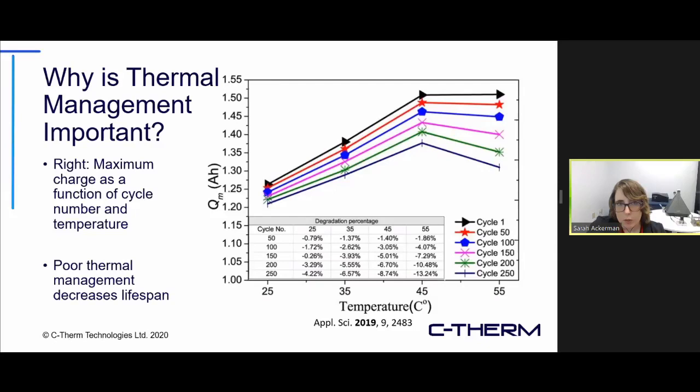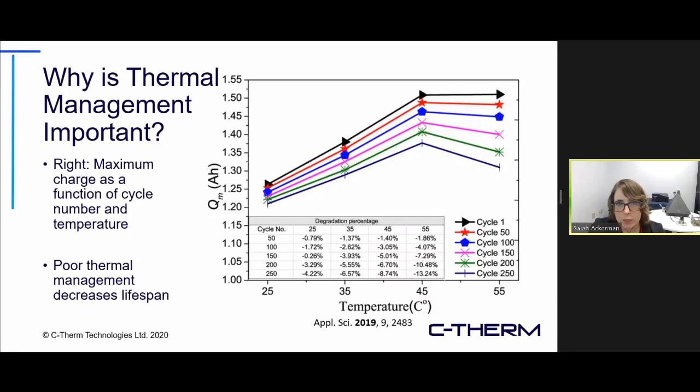So we've talked a lot about thermal management, but on the practical side of things, I talked a bit about the theory of failure rate analysis, but practically, why is it important? And you can see some data as to why in a battery application. This data is taken from a paper in Applied Sciences published last year.